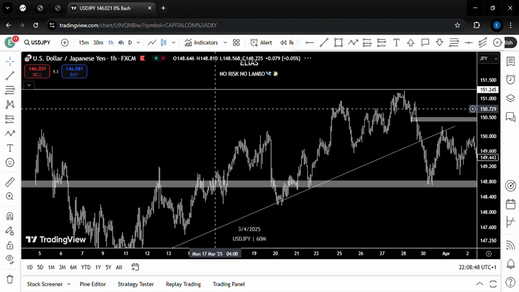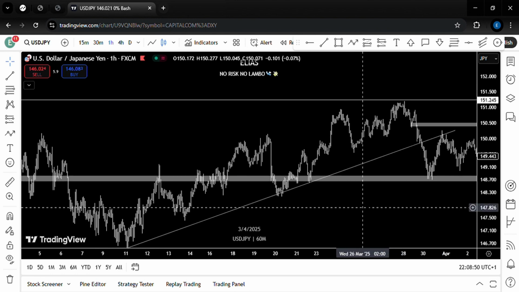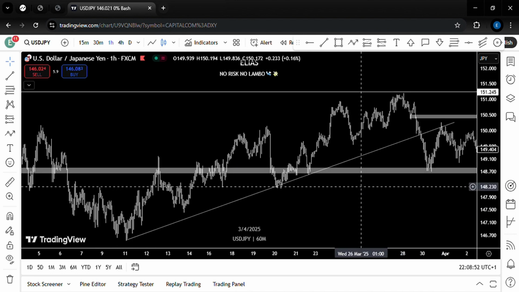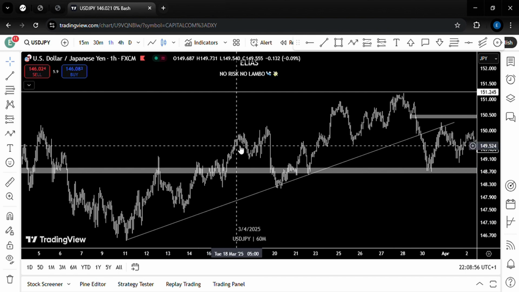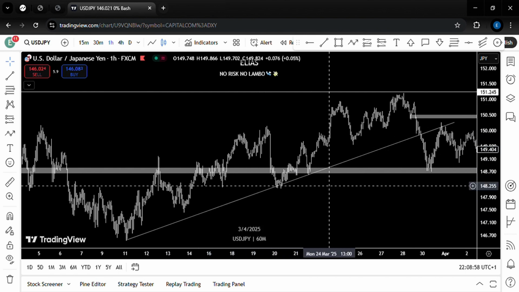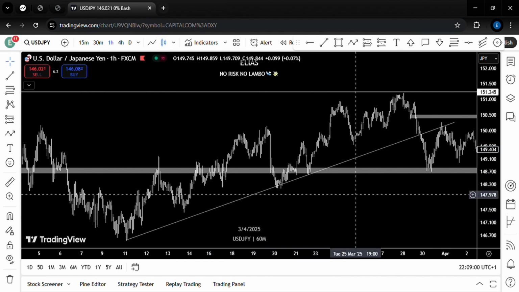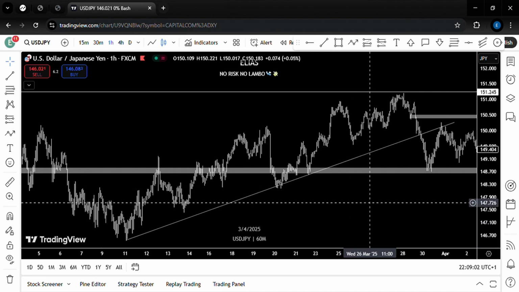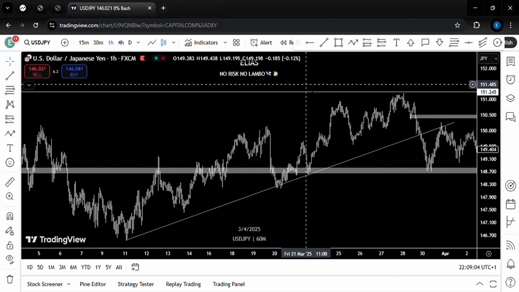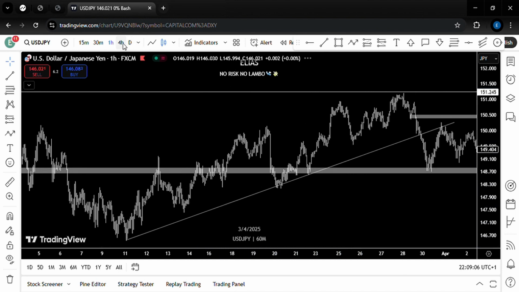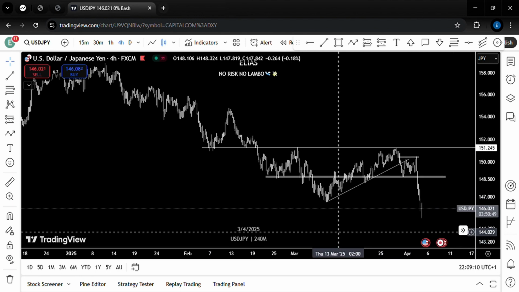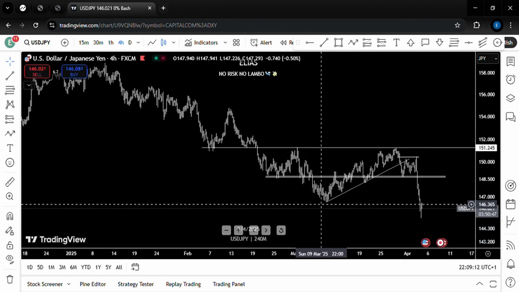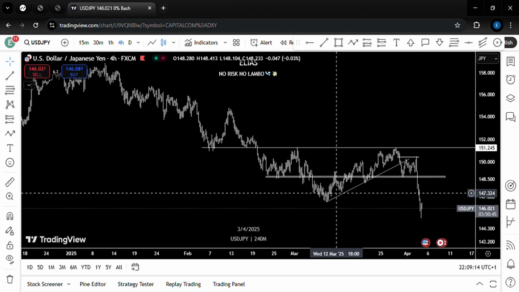Some of you might think, because when you go to 1 hour time frame you see price creating series of higher highs, higher lows, that price has changed direction and we are now on an uptrend, but this is just a correctional movement on the 4 hour time frame.